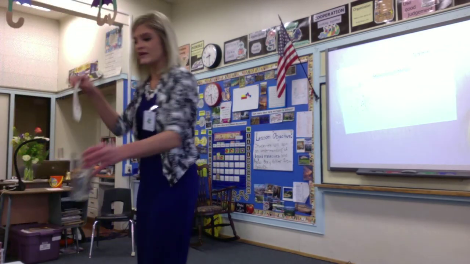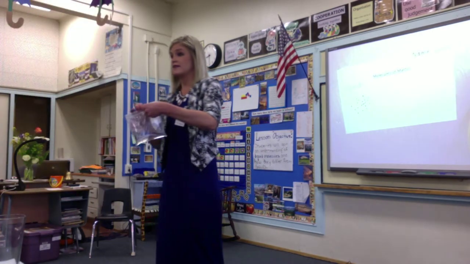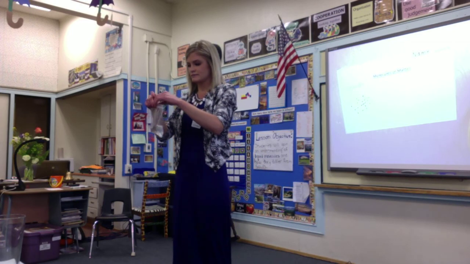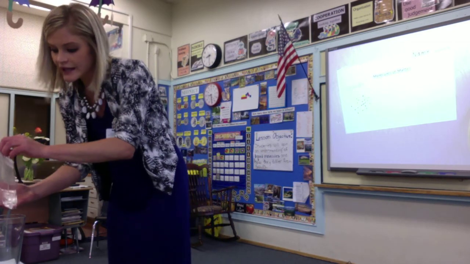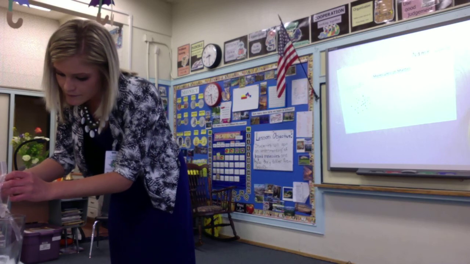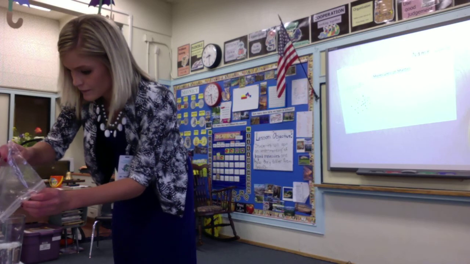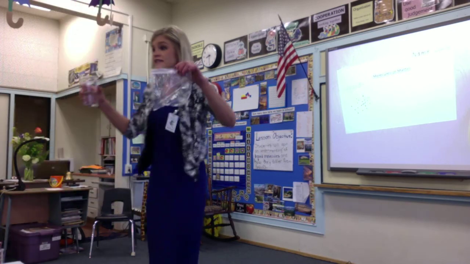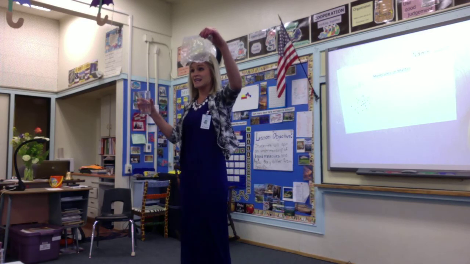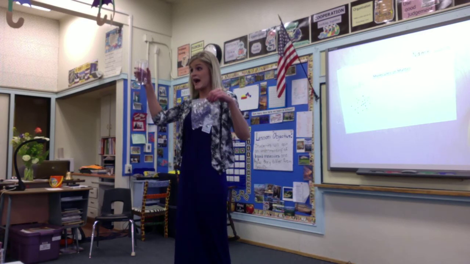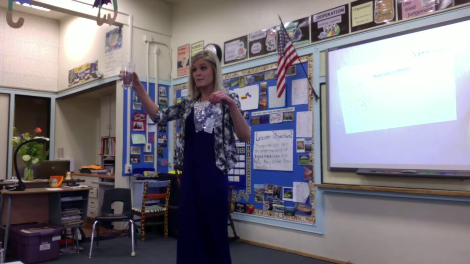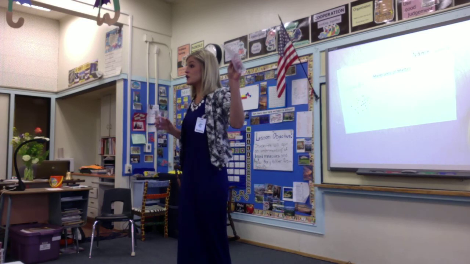But liquid is different. If I were to pour liquid from this bag into this cup, what happened to the shape of the liquid? Did it stay the same exact shape that it looked like when it was in this bag? No. No, it took the shape of this container. Another question.